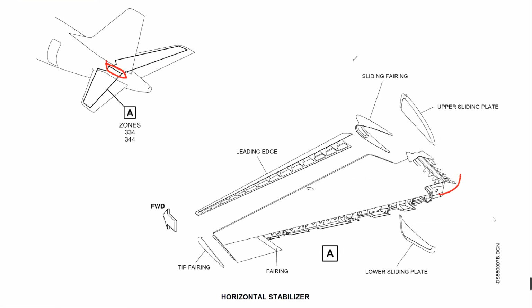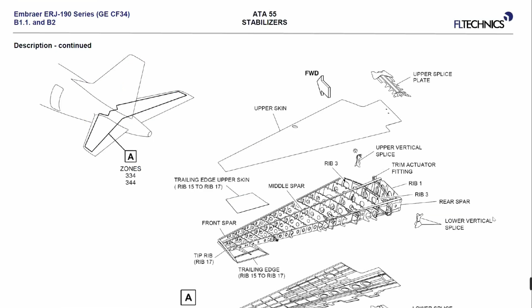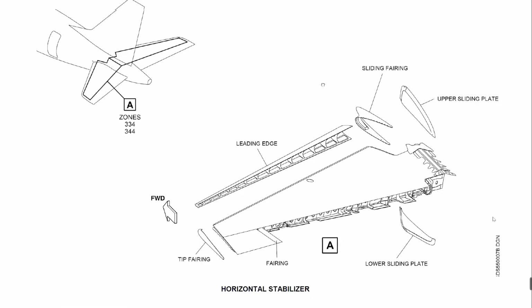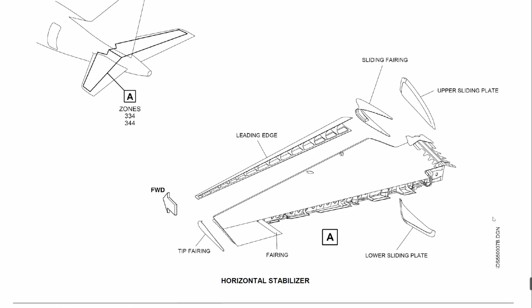Actually, it's on this next picture. Just a second. These upper and lower splice plates. Upper and lower splice plates. This is how both parts are coming together. But now in the previous picture, we can see the structure.